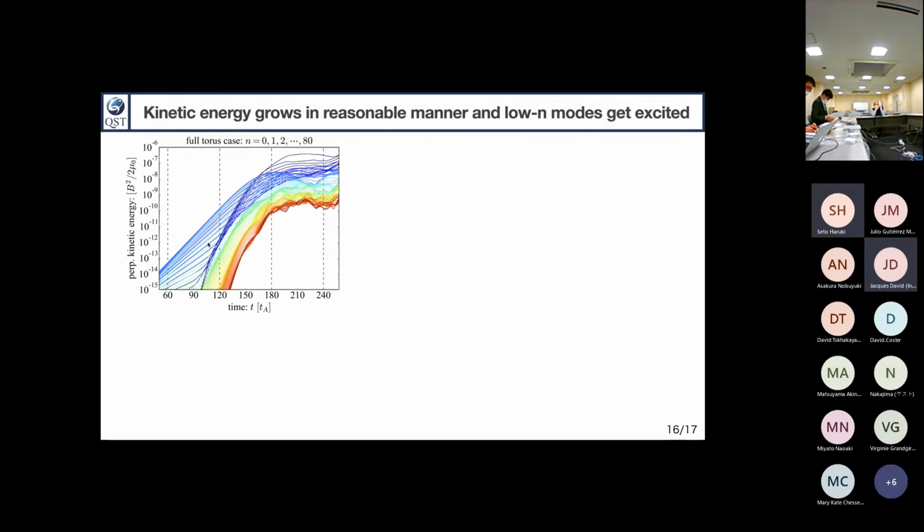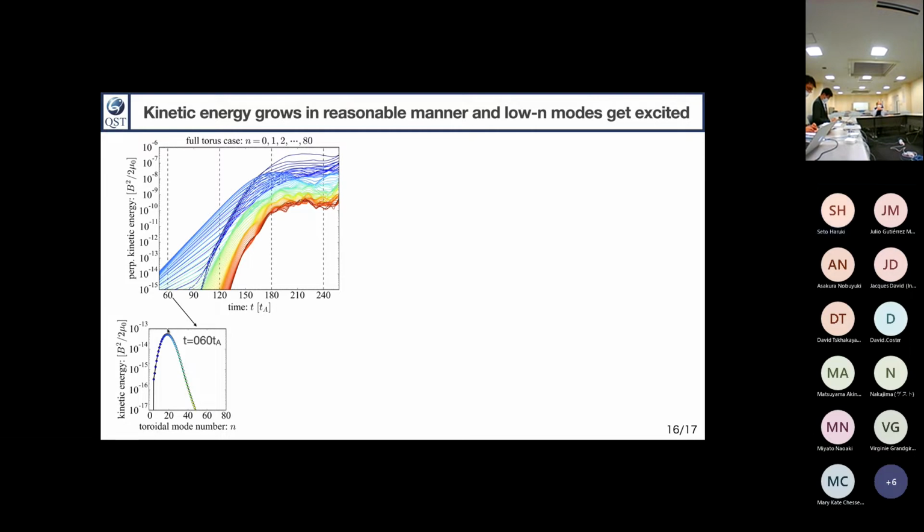And this is the time evolution of kinetic energy spectra, showing that the kinetic energy grows in a reasonable manner. So initially, unstable modes are linearly excited in the linear phase, and the peak is around n equal 18. And the low n modes get excited via nonlinear coupling among initially unstable modes.